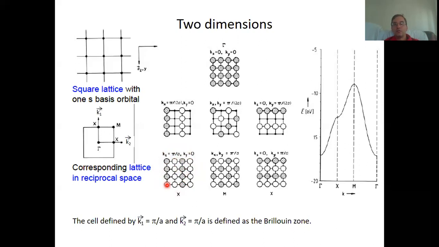Okay, so now we could also do the opposite. We could go to ky equal to pi over a and keep kx equal to 0. Then we would arrive at this crystal orbital here. Now in x direction, the algebraic sign isn't changed at all, but in y direction, the algebraic sign of every other orbital would be changed.